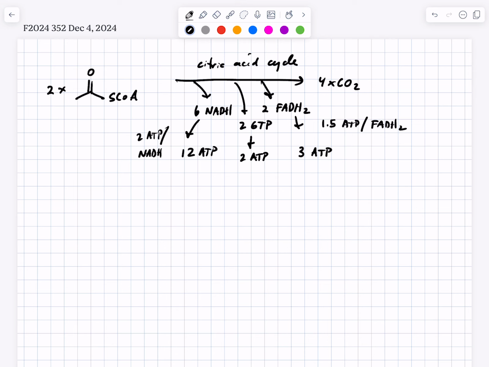You get an idea of all that we make in this process from acetyl-CoA. And we'll summarize that later. This isn't really anything to memorize in terms of numbers other than to try to get an overall sense for what's going on in the process.